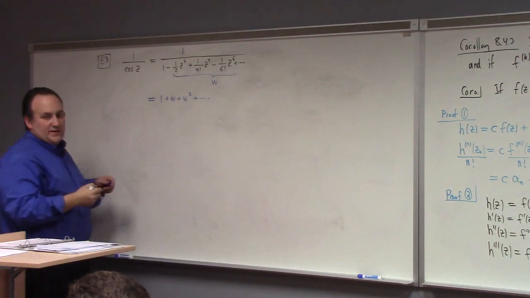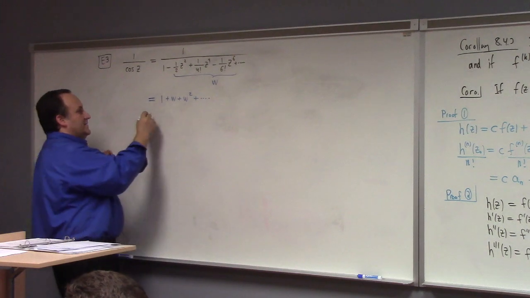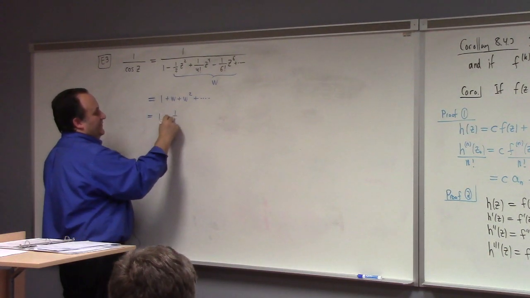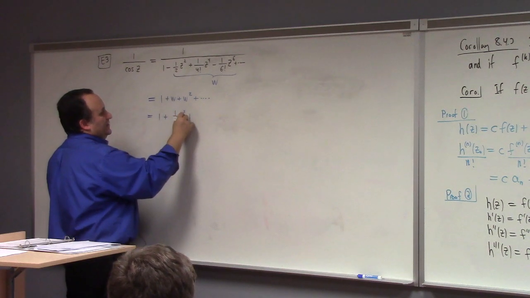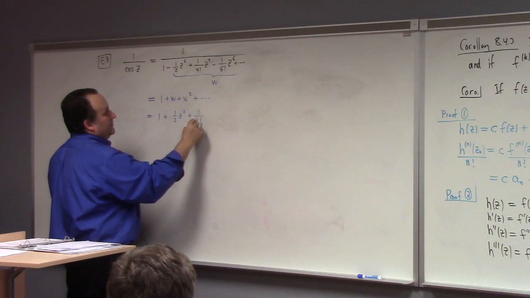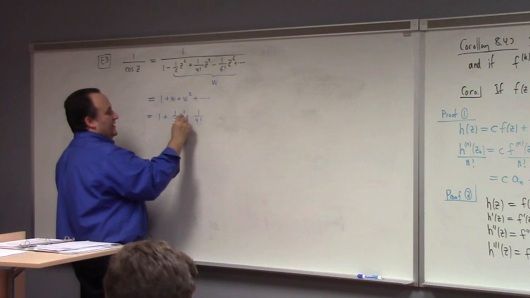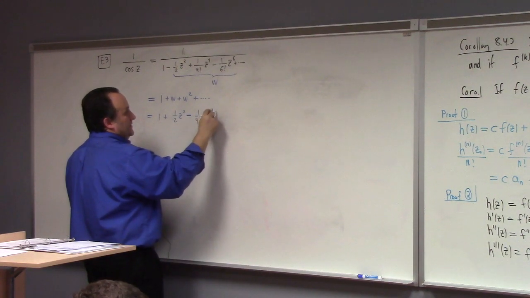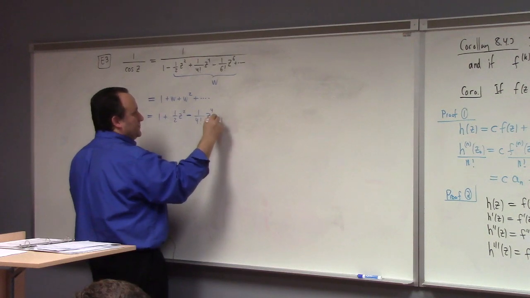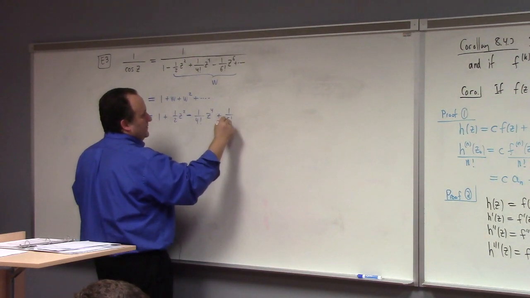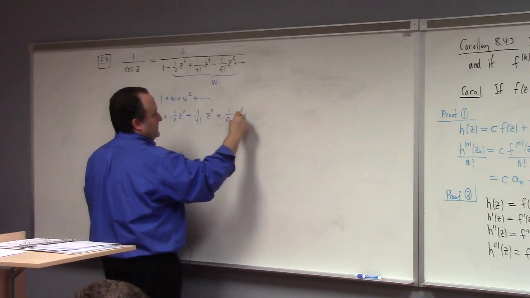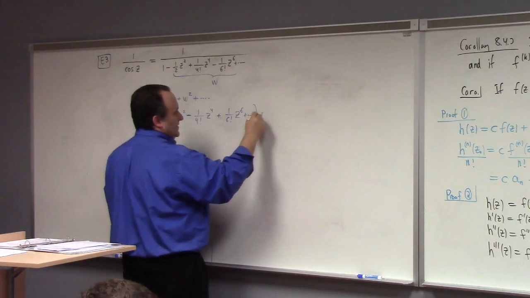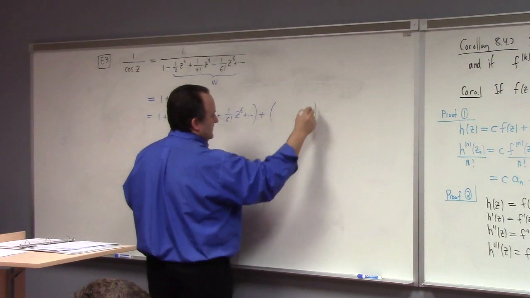And that's a pretty good strategy here, because you see, that's 1 plus 1/2 z squared minus 1 over 4 factorial z to the 4th... I gotta mind the minuses, right? I guess it's plus 1 over 6 factorial z to the 6th plus dot dot dot. That's my W, and then plus that same stuff, squared.